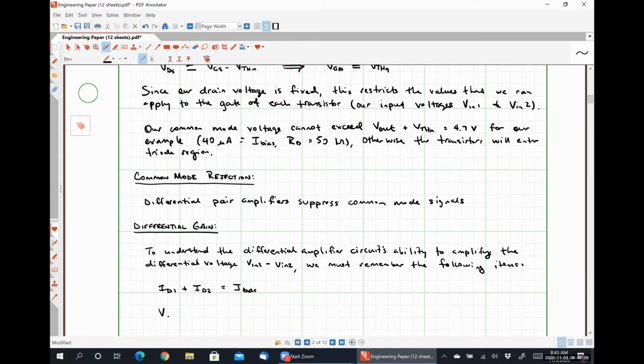And number 2, the source voltage for transistor M1 has to be the same as the source voltage for transistor M2, and it's because the sources are tied together.